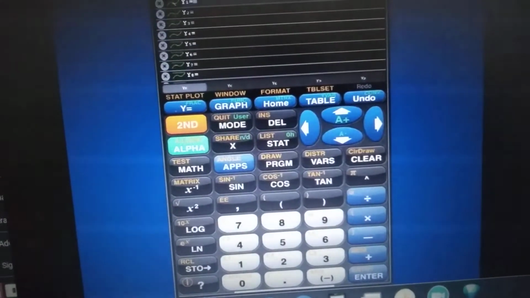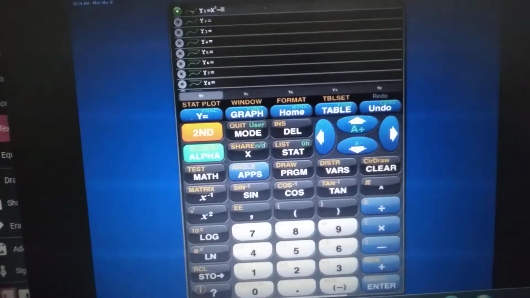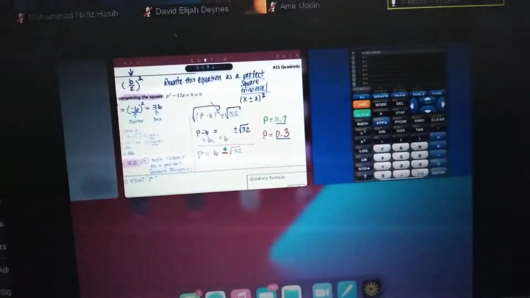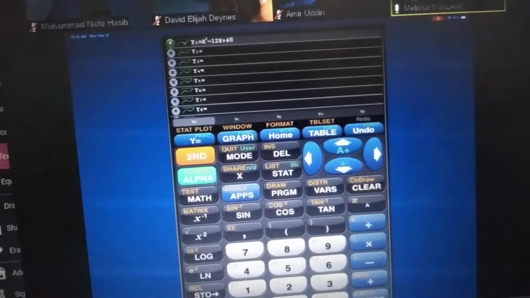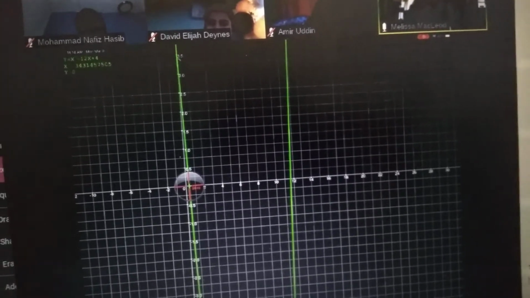Y equals, I'm going to say instead of p, x squared minus 12x plus 4. That was the equation, correct? Yes, it was. And then I hit graph. When I hit graph, I get this parabola right here. Take a look. When I tap on this, see where it says 0 in red?